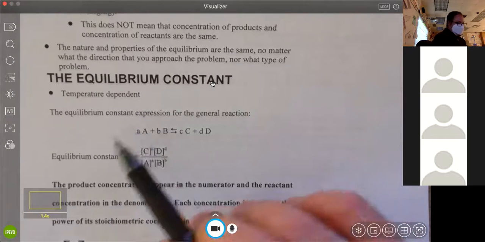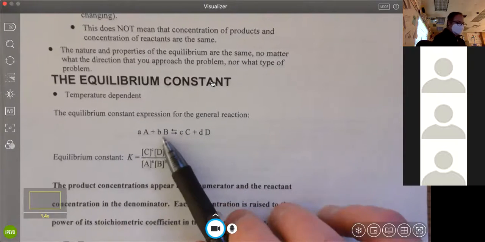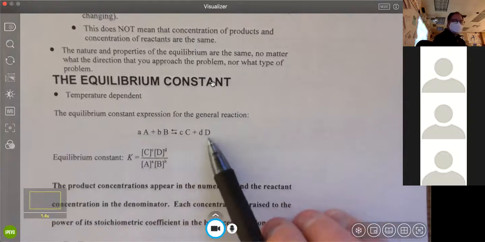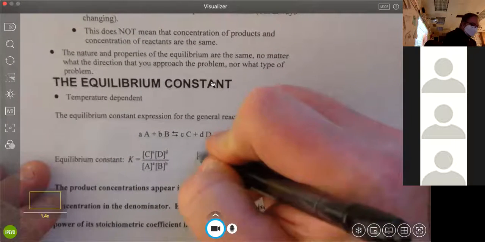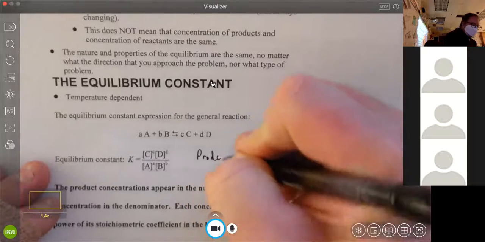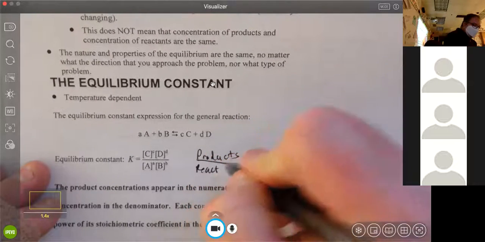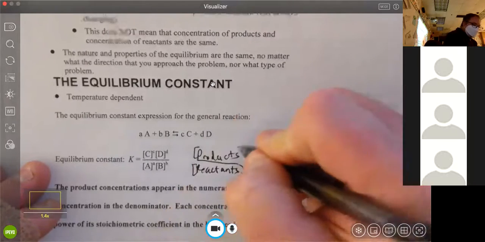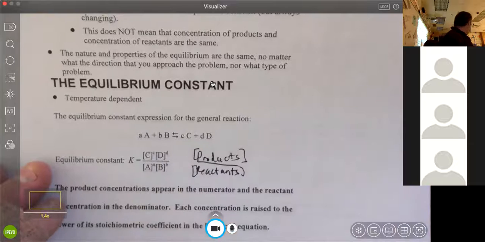Now, the cool thing is if we take just a general reaction, these are the coefficients. These are the reactants, A and B. These are the products, C and D. The equilibrium constant is products over reactants, and we take them to the power of the coefficient.